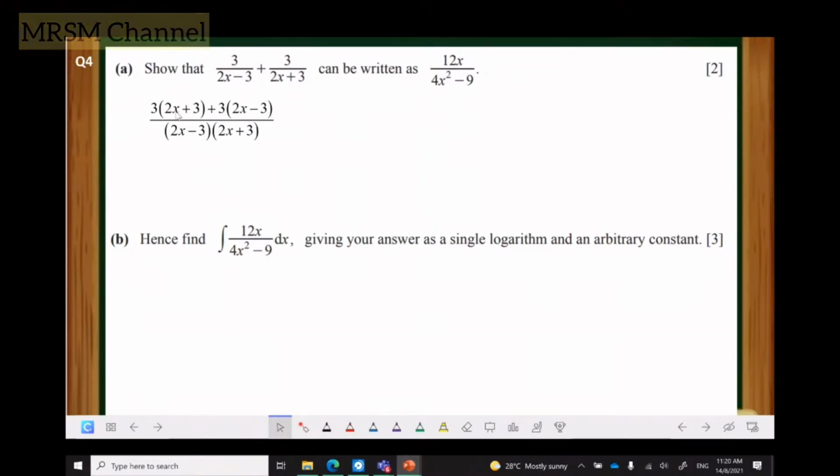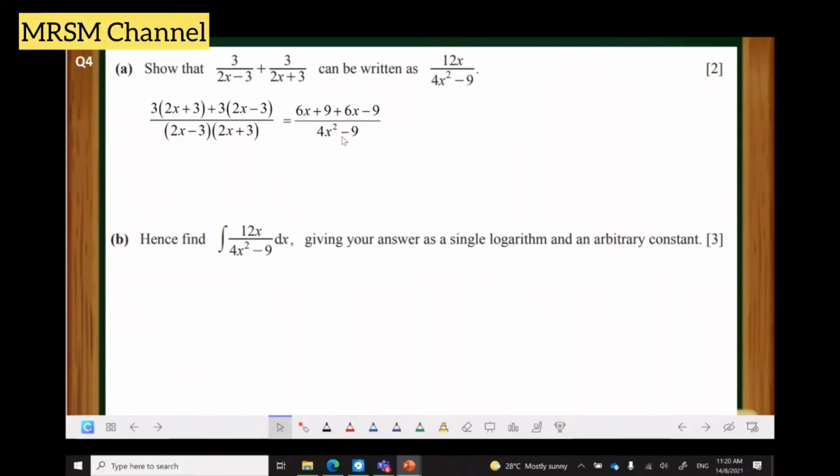Okay, expand the bracket. So show one by one. Alright, so you will have 6x plus 9 plus 6x minus 9 over bawah ni dia dah jadi 4x square minus 9 lah. Okay, macam conjugate kan? Alright. A minus B, A plus B dapatlah A square minus B square. Macam tu lah.